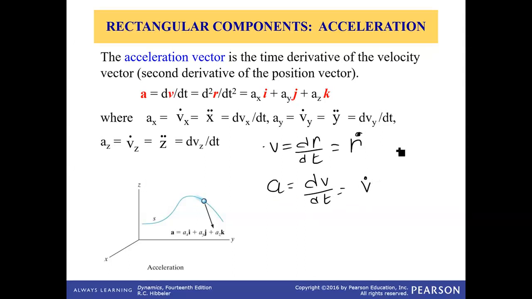Anytime we have one dot on top of a kinematic quantity, we are talking about the first derivative. But when we have two dots, for example r double dot, that means it's the second derivative, d square r by dt square. We use this notation just to simplify the equations. As you can see here, acceleration is v dot or x double dot. So acceleration is the first derivative of velocity or the second derivative of position.